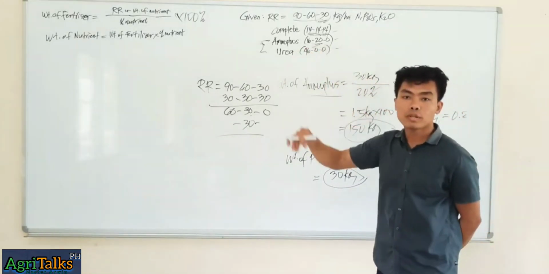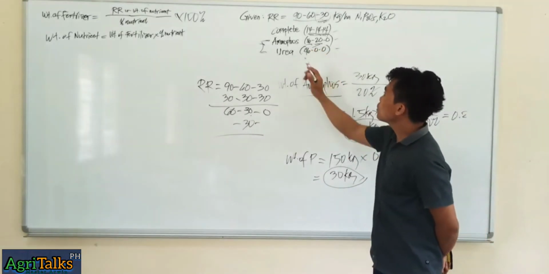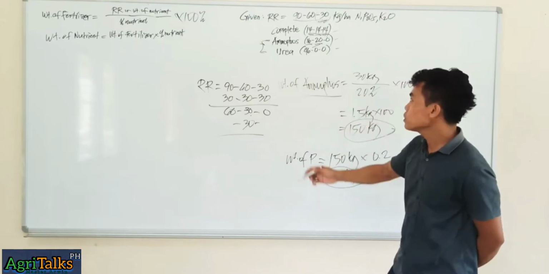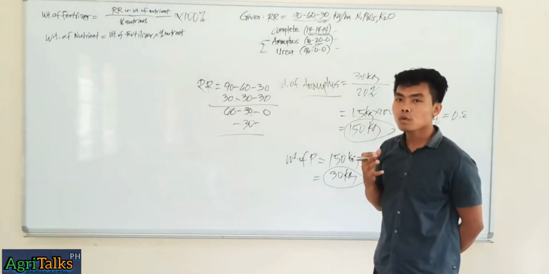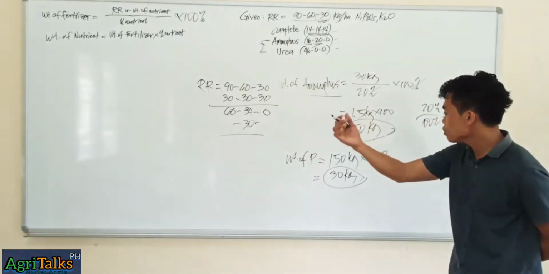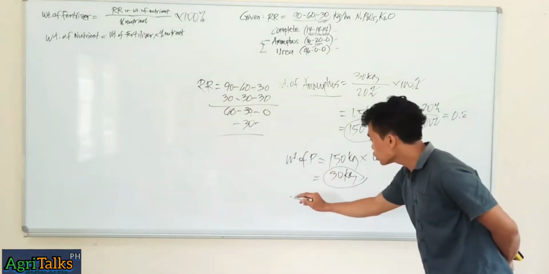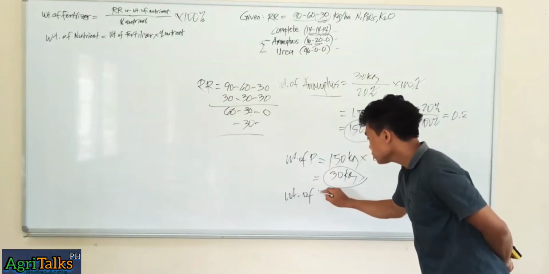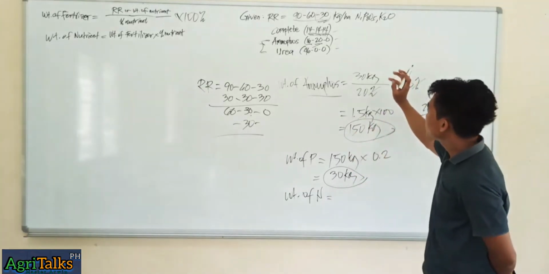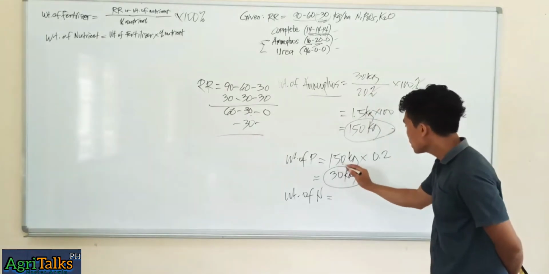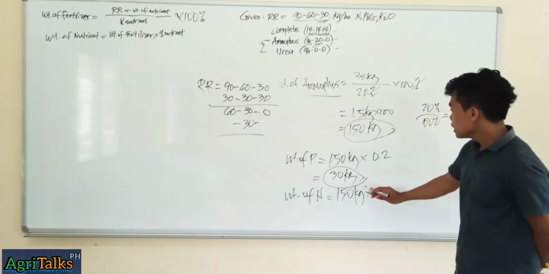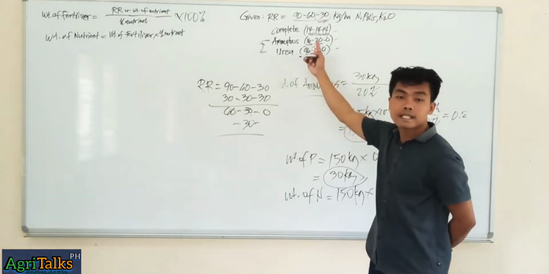And then, if we apply ammonium phosphate, we also have a nitrogen component in this fertilizer material, which is 16%. So we will also deduct that from the recommended rate. How to do it? The same computation: weight of nitrogen is equal to the weight of fertilizer, which is 150 kilograms, times the percentage of nitrogen, which is 16%.